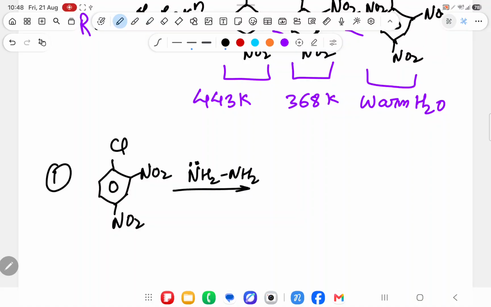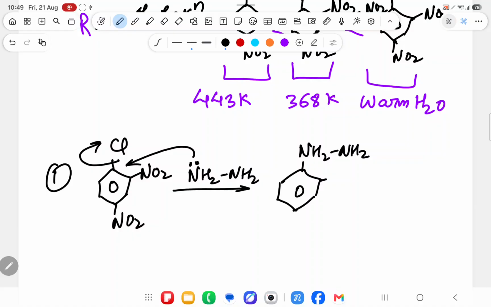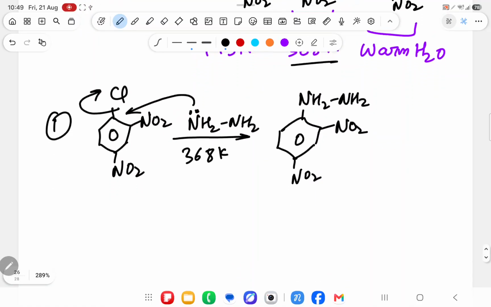It has a lone pair of electrons. Cl will go, NH2 will come here. What you will get: over here NH2, over here NO2, over here NO2. Temperature you can write 368 Kelvin. I am not writing because I have already written.